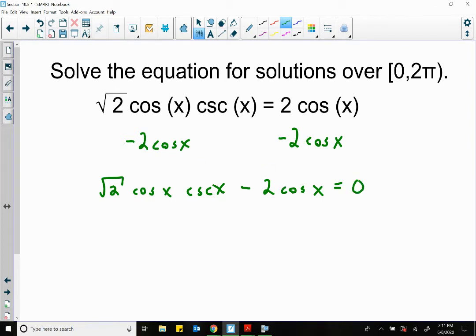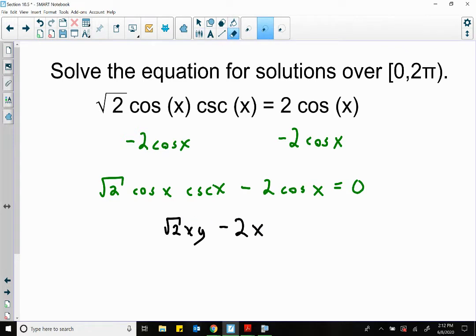These two don't get together. Think of this in terms of variables: it looks like square root of 2xy minus 2x, where x represents cosine and y represents cosecant. We can't put those two together because they're not like terms.